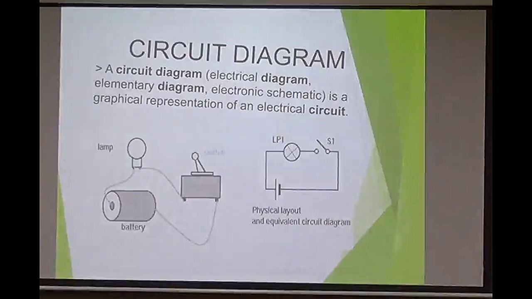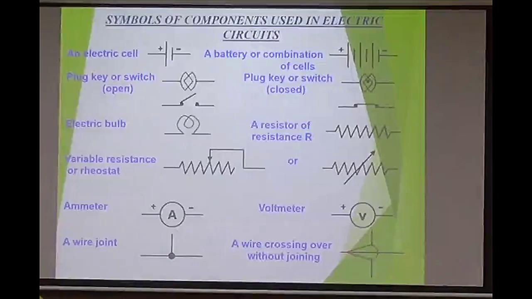While drawing a circuit diagram, we make use of symbols. We represent each electrical component by a symbol. So these are certain symbols. An electric cell is represented by a longer line and a smaller line. The longer line represents the positive terminal, the smaller the negative. Moving towards the right hand side, we have a battery, or a combination of cells. So you put 2 or 3 or 4 cells together.